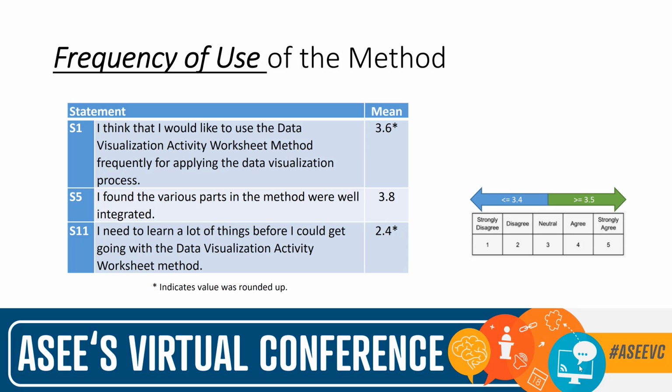Statement 11 had the lowest mean value of 2.4, corresponding to disagree on the Likert scale. The mean suggests, on average, that students disagreed with statement 11 and did not feel additional knowledge is needed to get started using the worksheet method.